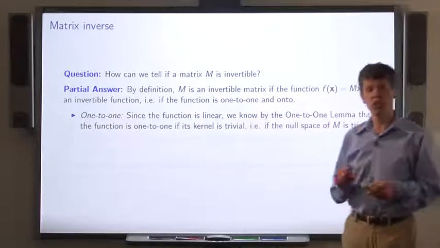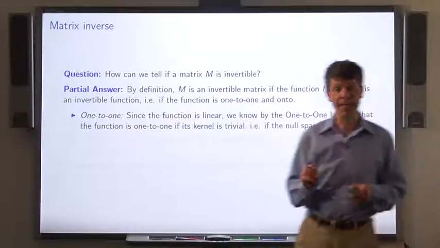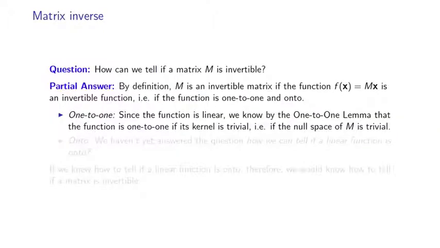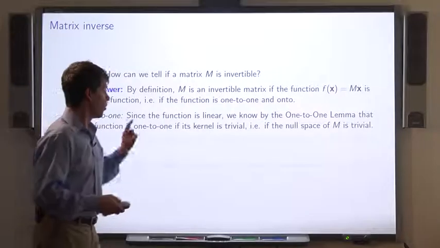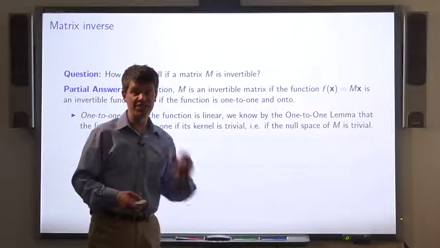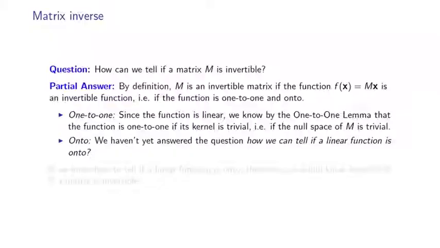And the function corresponding to matrix vector multiplication we've seen is always a linear function. So by the one-to-one lemma, the function is one-to-one if and only if the kernel is trivial, which is the same as saying the null space of the matrix is trivial.